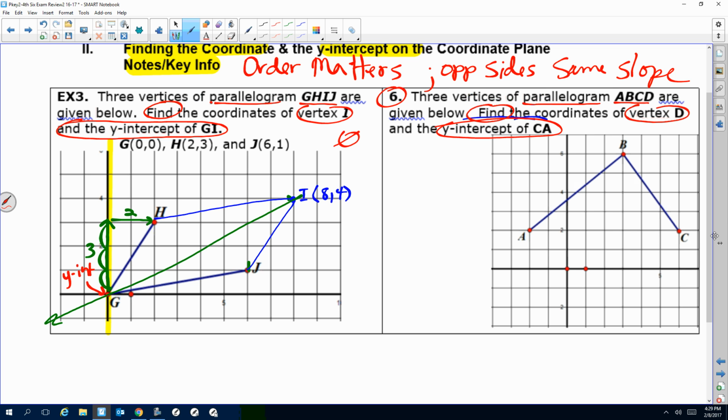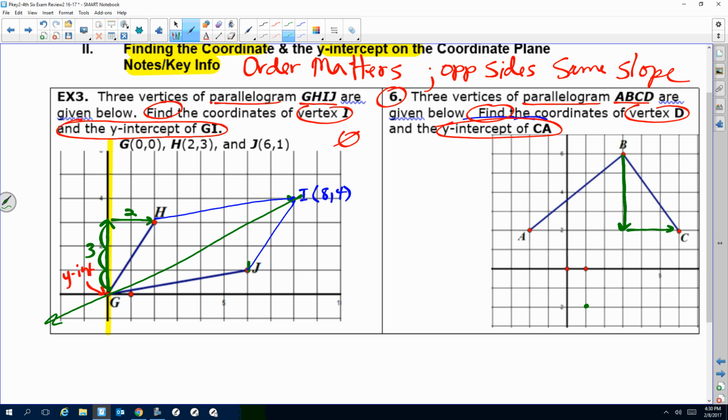So I connect in order A, B, C, D. Between B and C, that's going down 4 and then to the right 3. So we're going to just repeat that slope: down 1, 2, 3, 4, to the right 3.